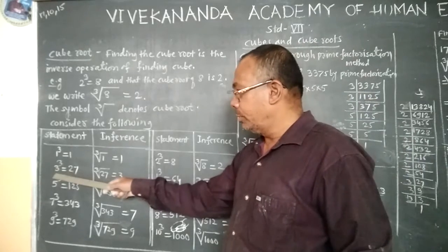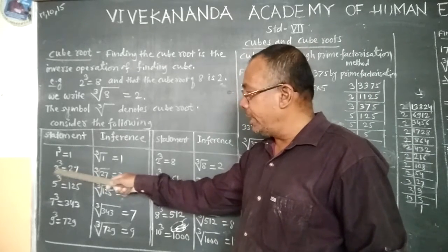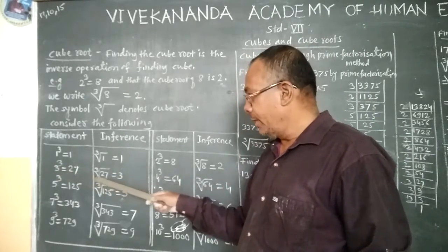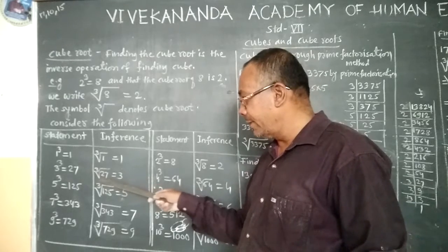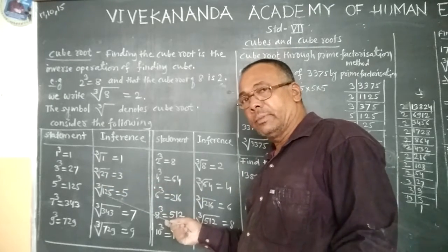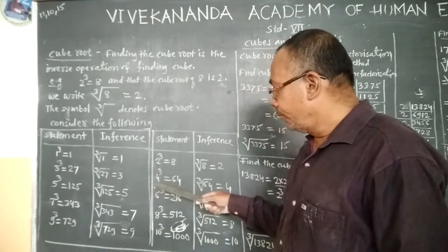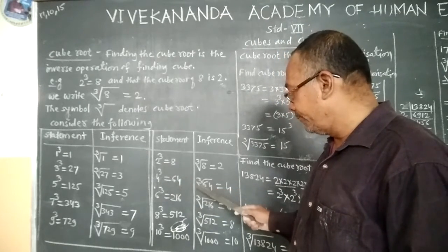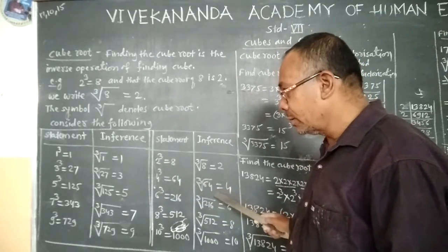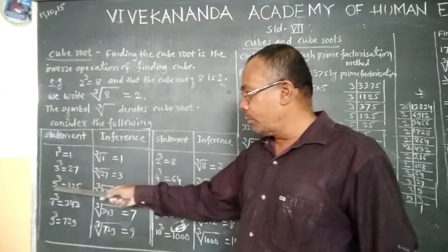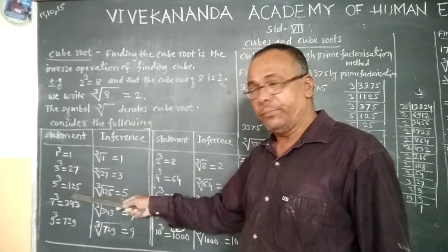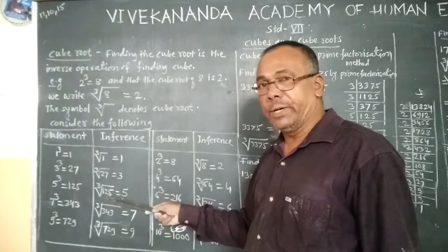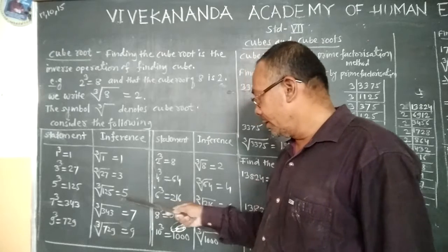Cube of 3 is 27, and cube root of 27 is 3. 4 cube is 64, and cube root of 64 is 4. Cube of 5 is 125, and cube root of 125 is 5.